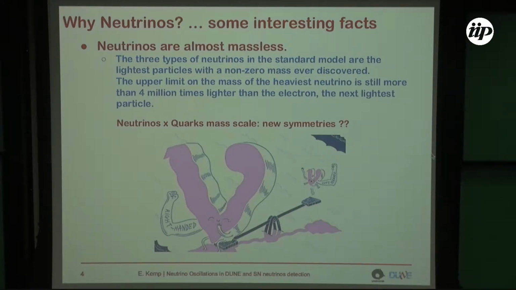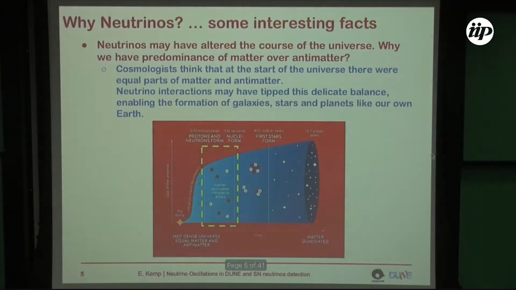There are some interesting proposals to explain that, and Esteban already mentioned the seesaw mechanism, which is very useful because it has the bonus of explaining the mass of the particles, and it's also related to leptogenesis, which can explain the asymmetry of matter and antimatter in the universe, and can connect the lepton and the quark sectors.